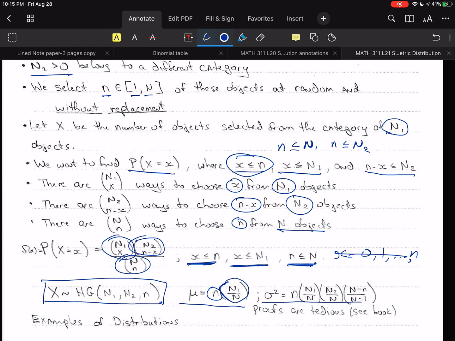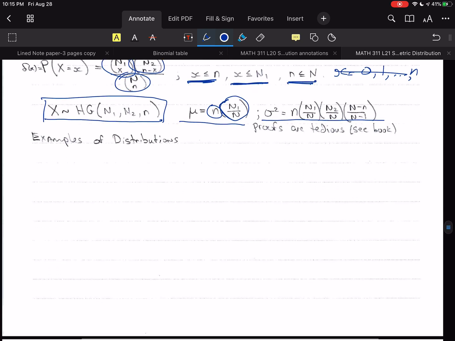And then the variance is given by this formula, and the proofs are very tedious. You're welcome to see the book. I don't know if the book even does these. I think I gave you a link to a book that we used last year, the book for actuaries by Finan, and it has a proof, I'm pretty sure, of the derivation of these. You're welcome to look at that.